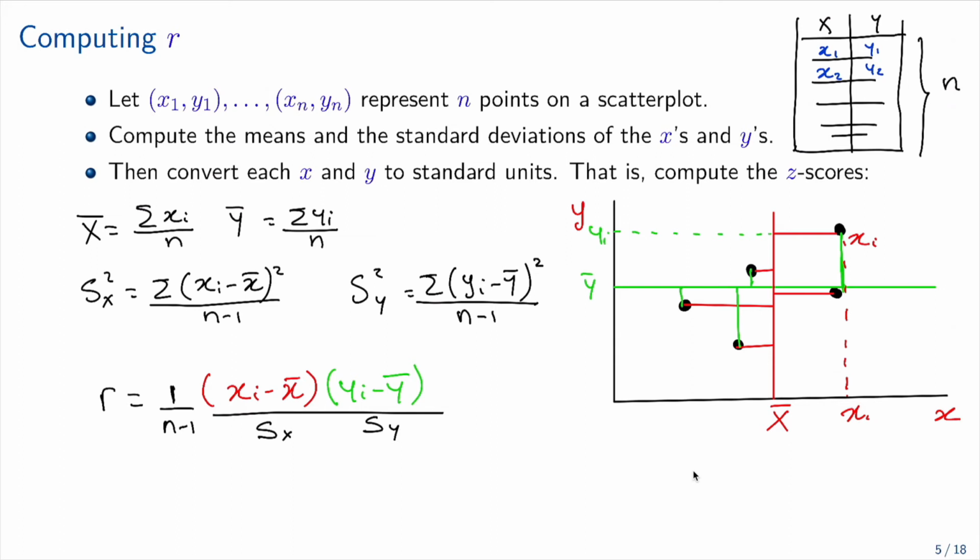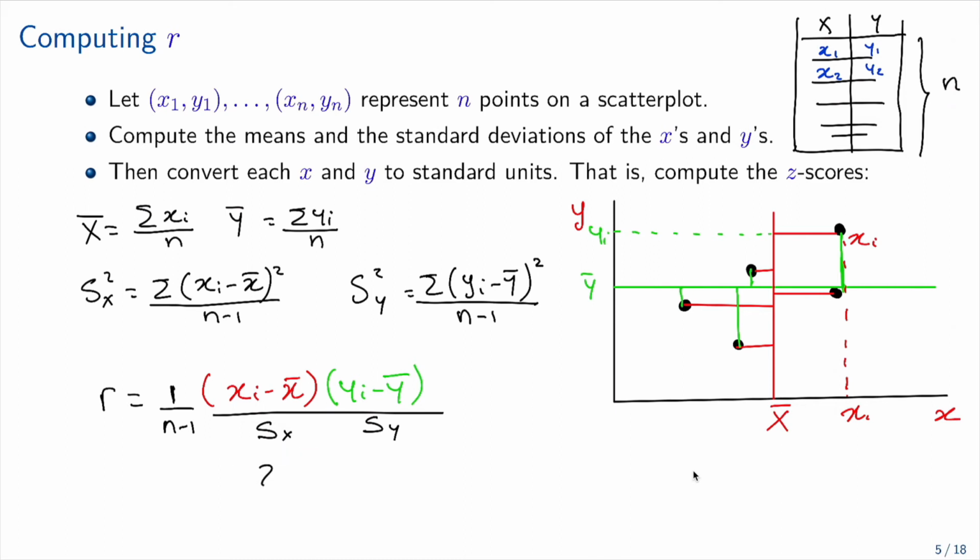So the result is going to be unitless, because initially we have the units of x multiplied by the units of y, but divided by the standard deviation, it becomes unitless. So if we recall just this single term and this single term, this is in fact the z number.